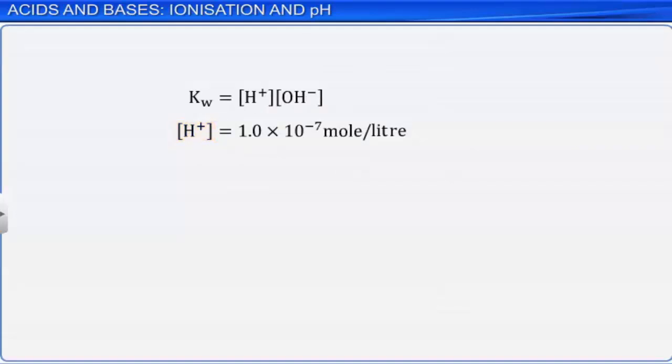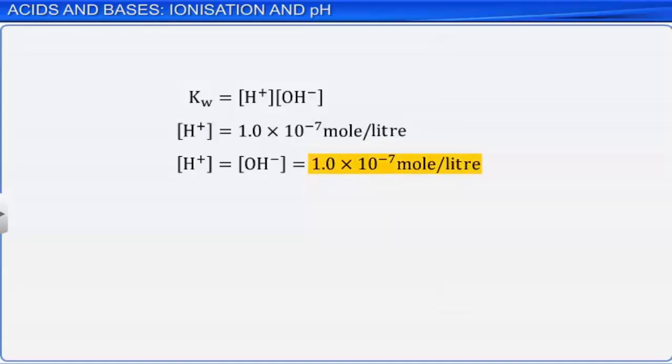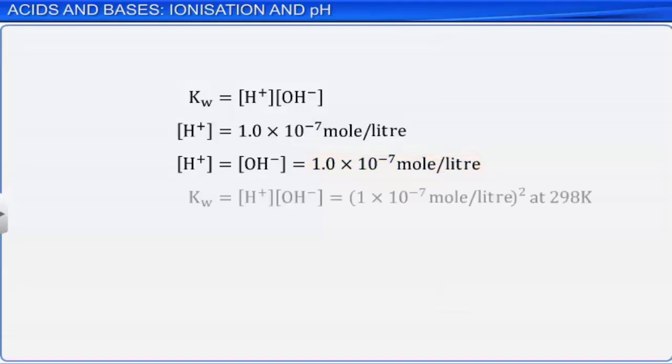Experimentally, the concentration of H+ ions at a temperature of 298 Kelvin was found to be 1.0 × 10^-7 moles per liter. The dissociation of water produces equal number of H+ and OH- ions, and hence the concentration of OH- would also be equal to 1.0 × 10^-7 moles per liter.